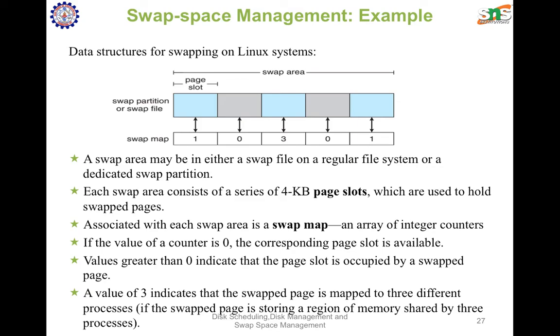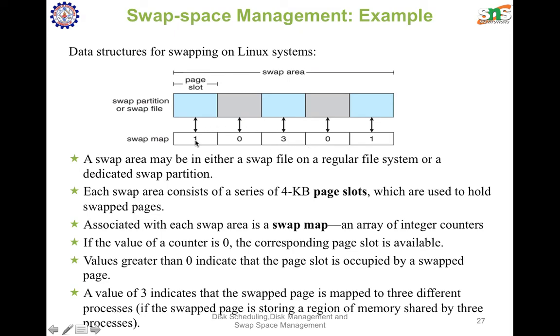And under Linux, how swap space is managed is, this is nothing but the swap partition or the swap space, a swap file, and again it is divided into page slots. These are page slots of some size, 4 KB, and each page is associated with a swap map. So here 1, 0, 3, some integer count is given.